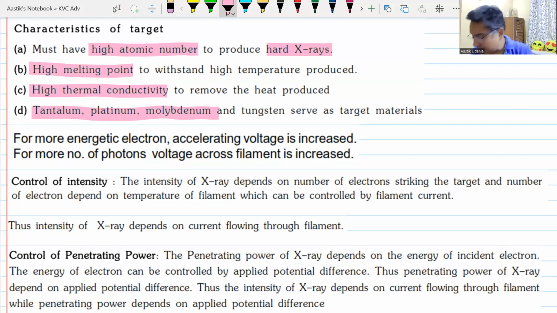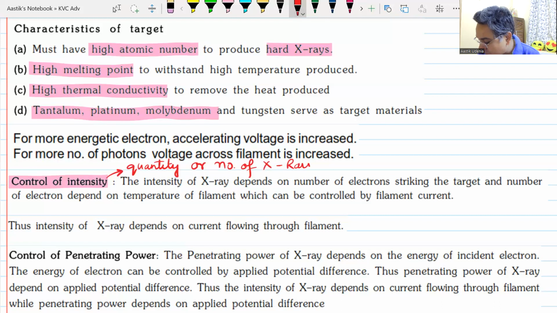Now, whenever we talk about X-rays, there are two things that we talk about. The first thing is intensity of X-rays. Now, instead of calling it intensity, we can call it the quantity of X-rays, or you can talk about the number of X-rays.